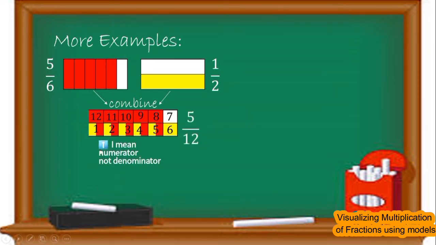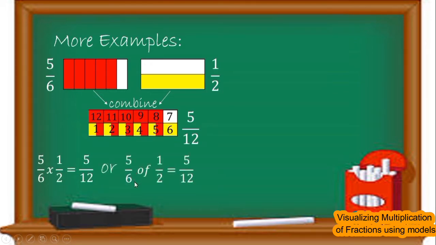Our numerator is 5: 1, 2, 3, 4, 5, the overlapping area. And the whole area represents our denominator. So 5/6 times 1/2 is 5/12, or 5/6 of 1/2 is equal to 5/12.